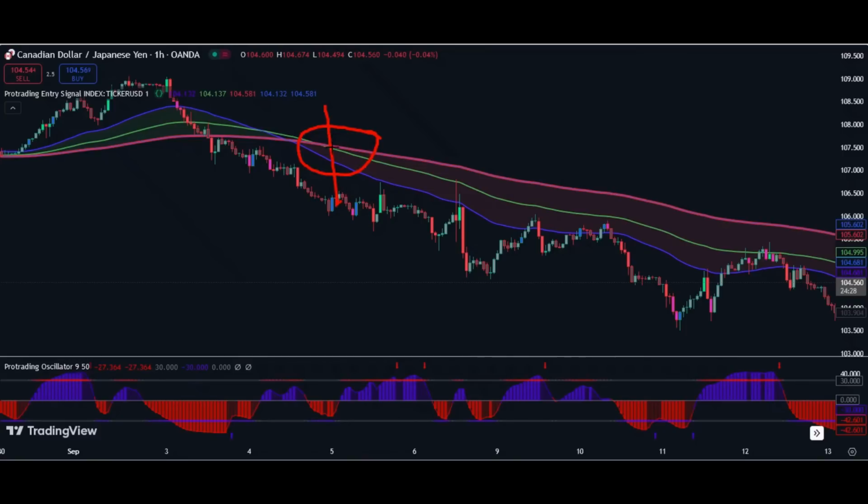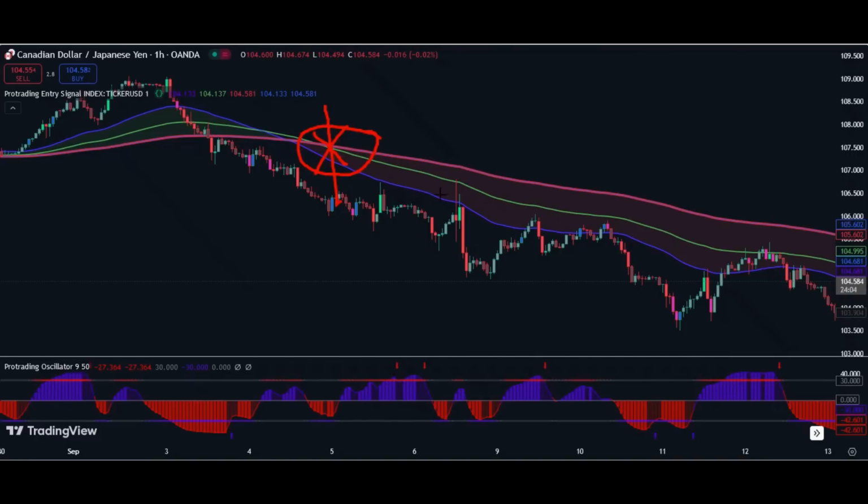Once you have this, from this point, you know that you are currently in a downward market, which means you can only take a sell signal. You don't have anything to do with the buy signal. Whenever you get a sell signal from the oscillator, this is the point to take your sell trade.